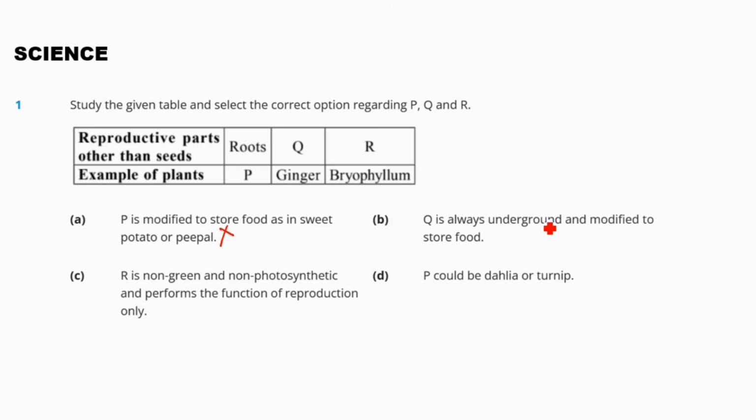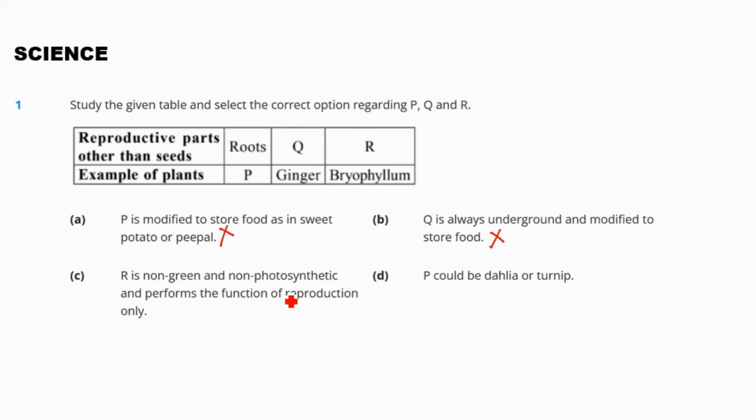Q is always underground and modified to store food. It is not always underground. Yes, Q is rhizome, and it stores food underground, but not always. So this is also a wrong statement. R is non-green and non-photosynthetic.